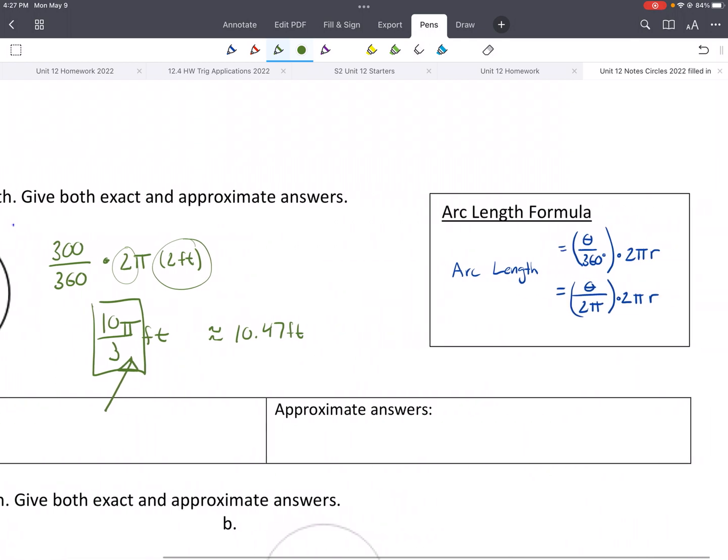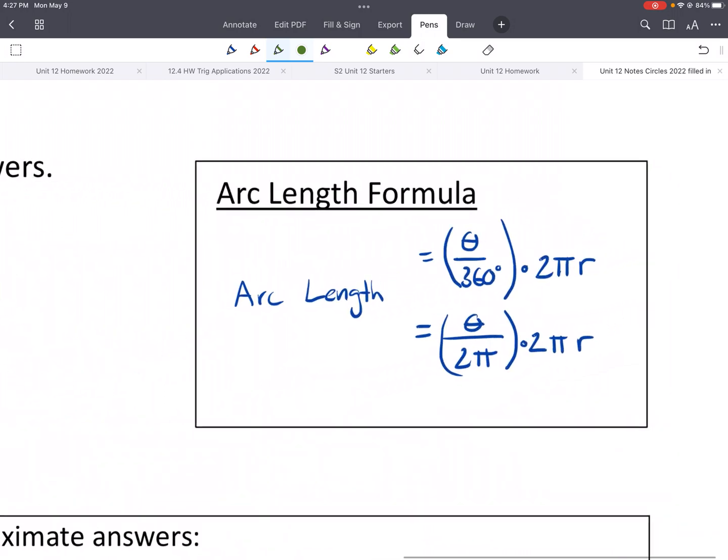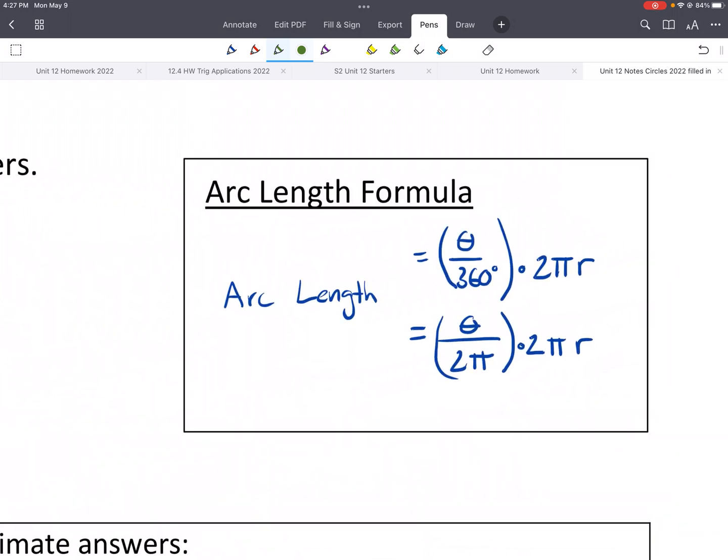So here is the formula for arc length. It's the fractional part of the circle. So if 180 degrees is the part that we want, then that would be 1/2, because 180 over 360 is 1/2. So we want a portion of the circle, and we'll multiply it by the circumference.